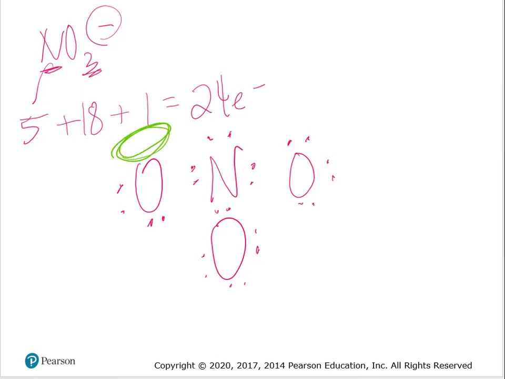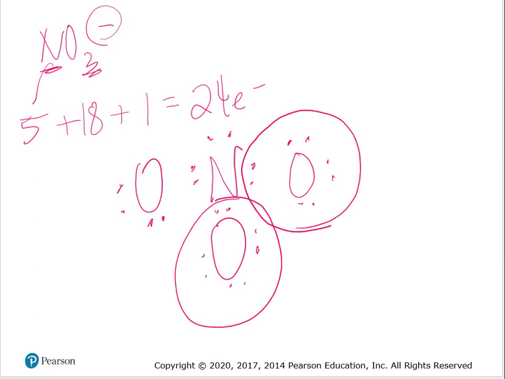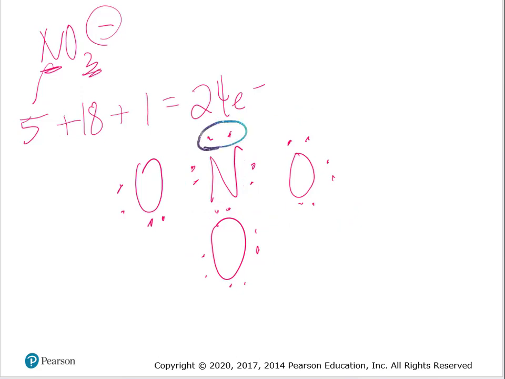This oxygen does not have any electrons up there, and so if I were to look at this oxygen, it only has 2, 4, 6 electrons, and we know that we need to have 8. So we need to figure out how to remedy that and where we can share electrons to have 8, because this oxygen's happy at 8, this oxygen is happy at 8, this nitrogen is happy at 8, but this oxygen only has 6.